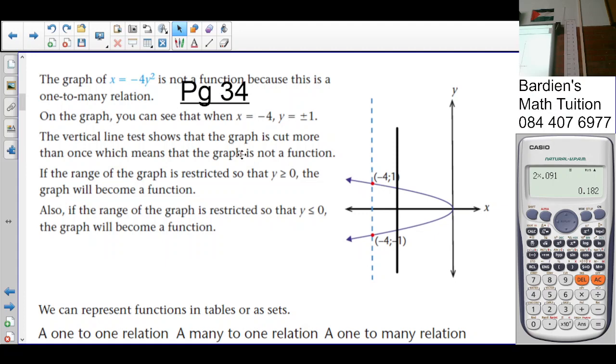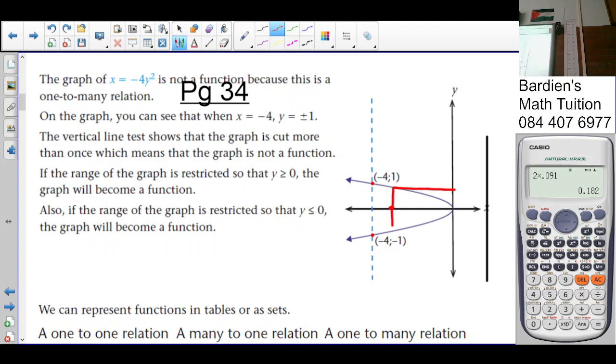And as you see here, what do you notice? If they ask you what the mapping would be here, it's a 1 to 2, you see this is 1, so it's a one to many relationship. All these are relations. But certain relations are functions, and not all relations are functions.